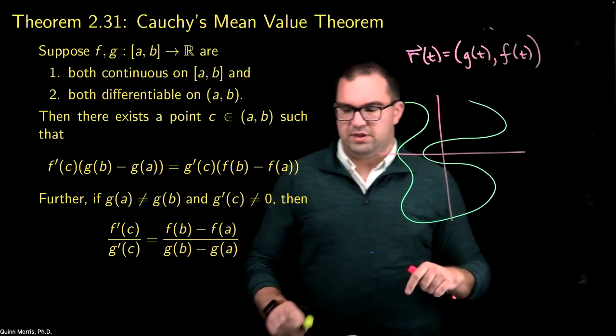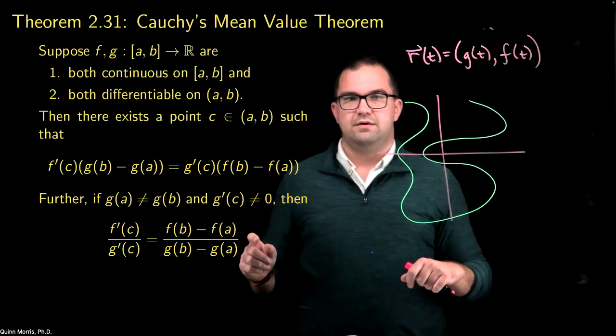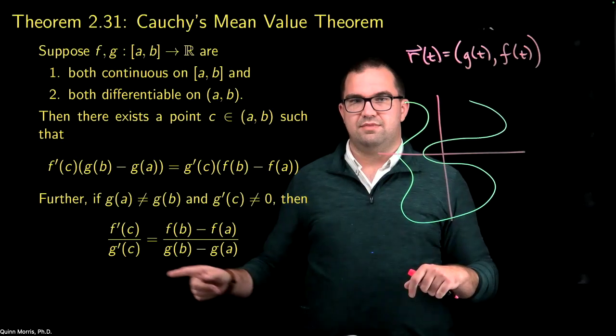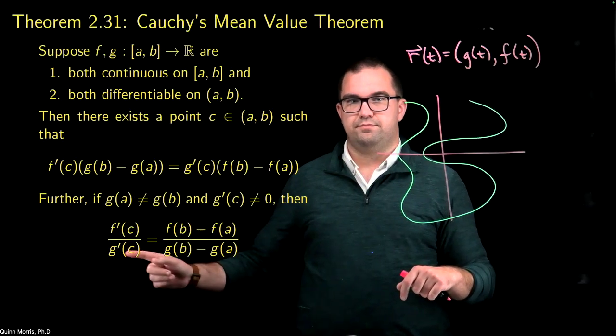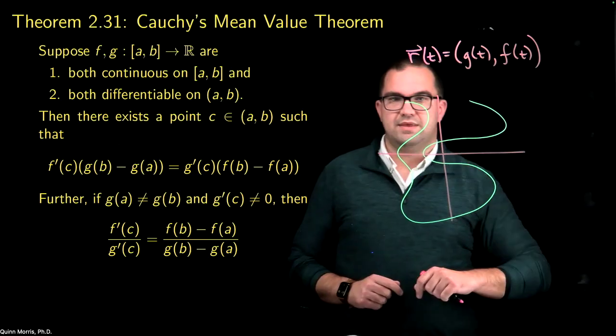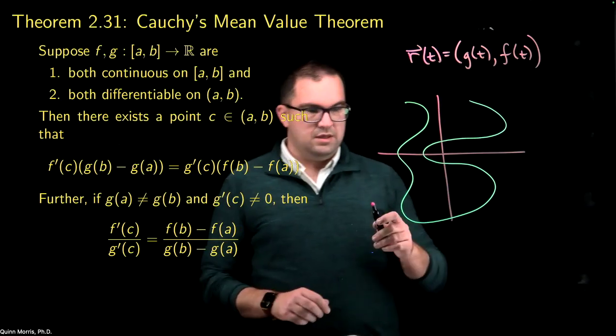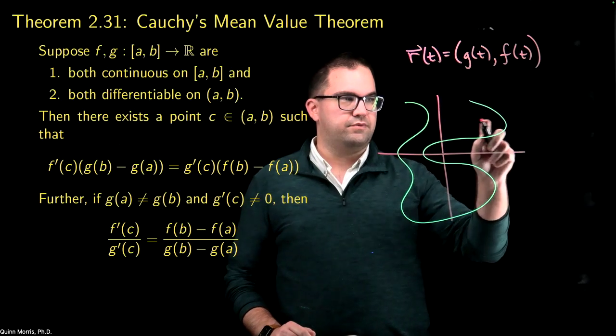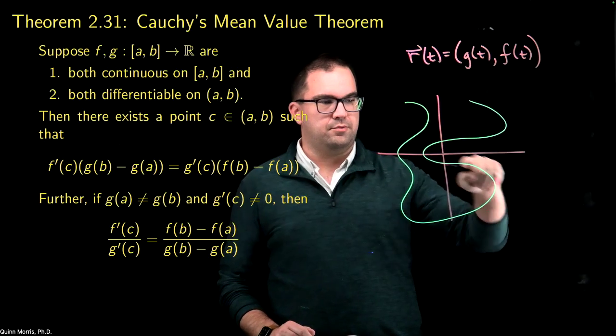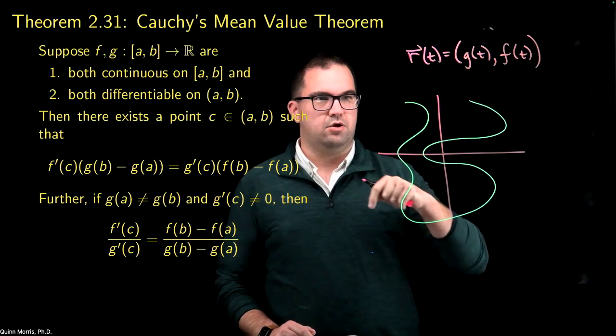In this formulation, what this is saying is, if I look at two points on this curve, you can imagine the curve is parameterized, so we're moving this way along the curve.